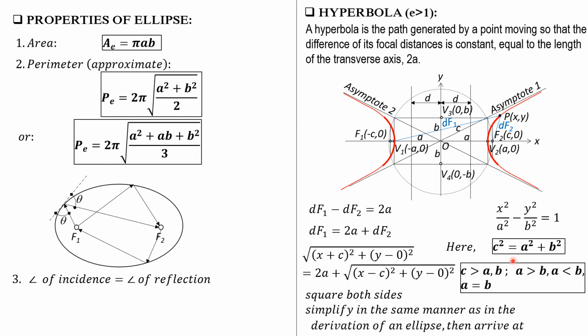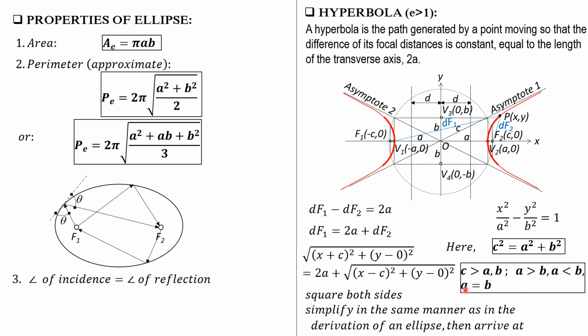So c is greater than a and b. a can be greater than b, it can be less than b, and it can also be equal to b. So again, a could be greater than, less than, or equal to b.